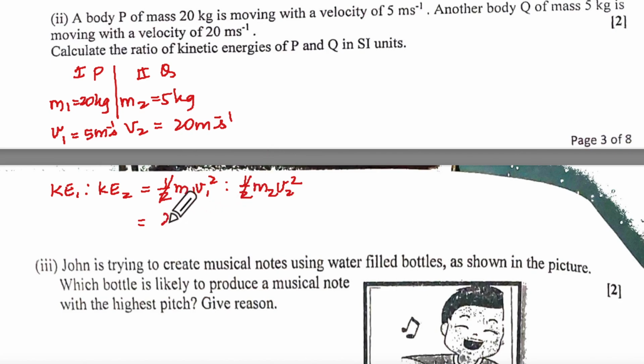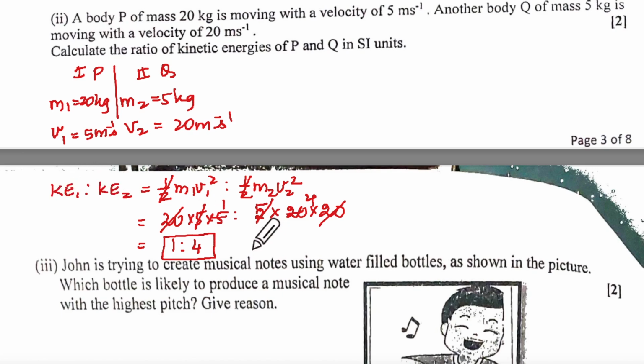So this will be 20 into 5 into 5 is to 5 into 20 into 20. So 20 and 20 get cancelled. 5 and 5 get cancelled. 5 ones and 5 fours. So you will get here 1 is to 4. If you write this way, then no need to write the answer statement.